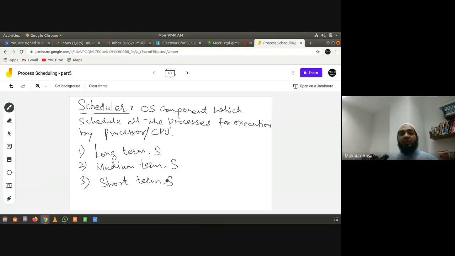So these are the three different types of scheduler: long term, medium term, and short term. Now you will have to realize the same diagram. Okay, let us do one thing.